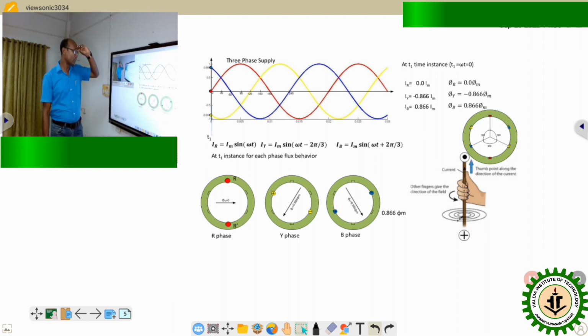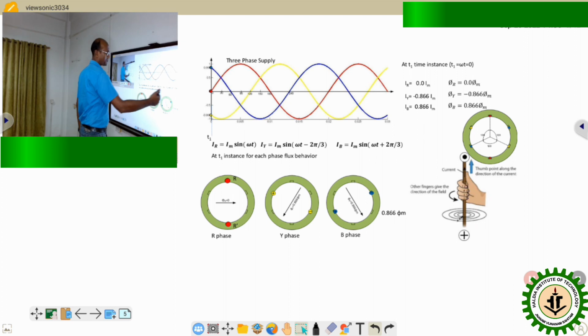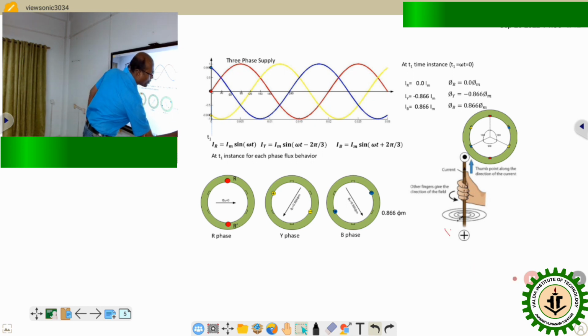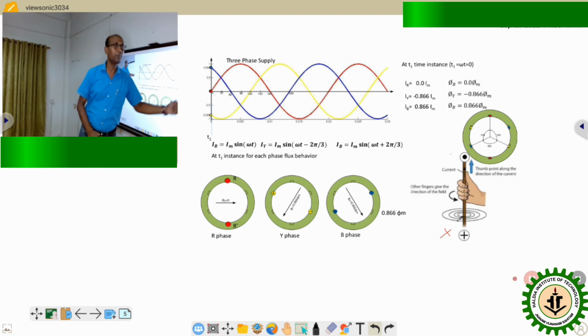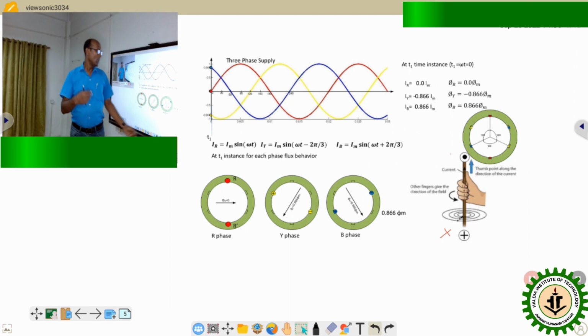According to that, this dot sign, or sometimes a cross, we normally consider a dot to mean current is coming out and a cross to mean current is entering.